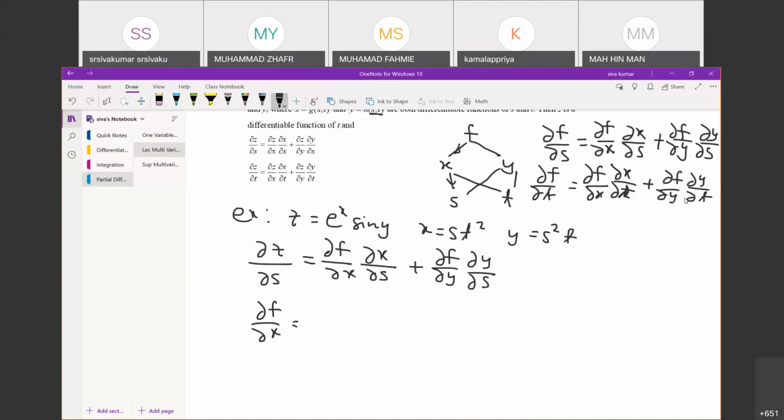Oh, actually, sorry, I made a mistake. This is F, you see? I used a Z, so there is a correction to be made here. I'll put this Z. I made corrections here, and this one is the same.